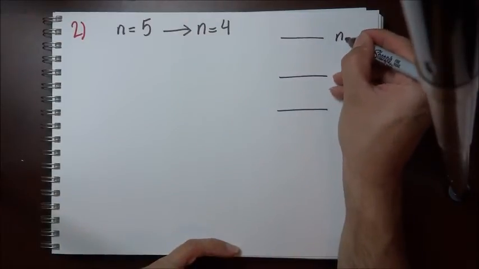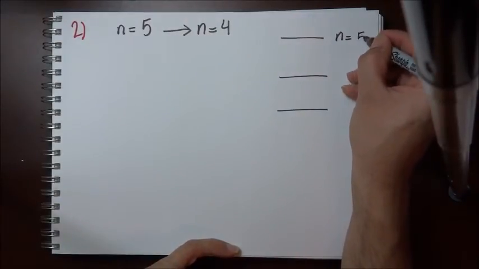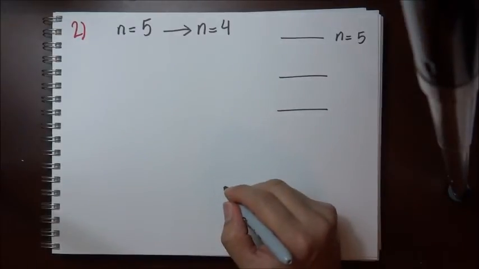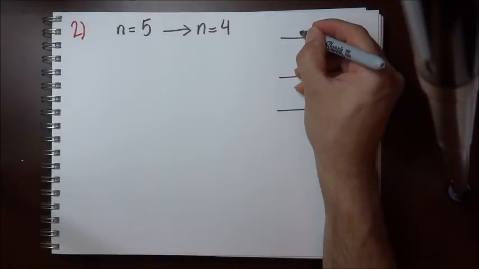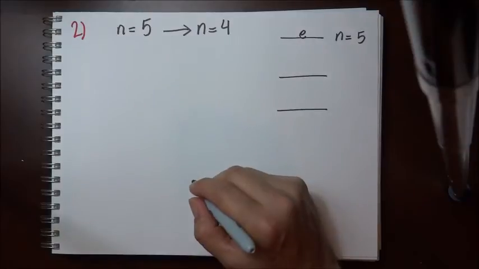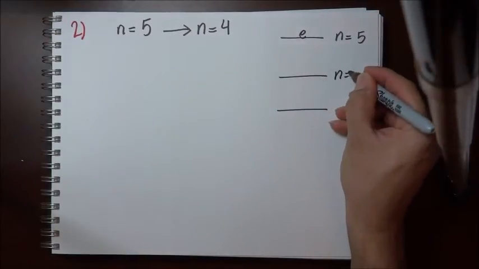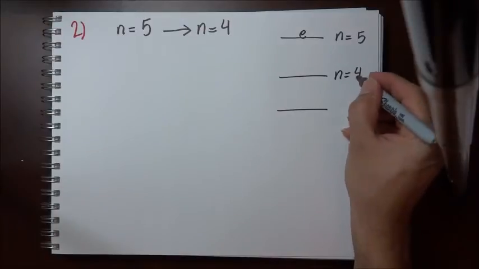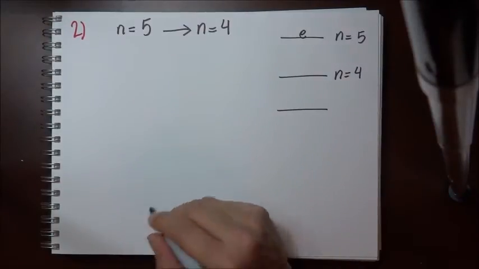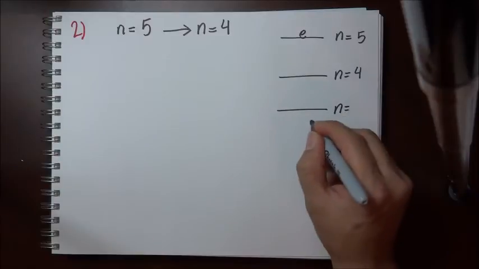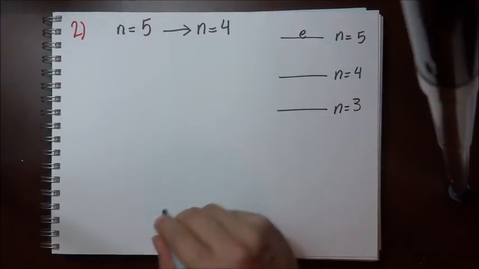If an electron is sitting inside n equal 5, that means it has higher energy than any electron that's sitting inside n equal 4, or anyone that is sitting inside n equal 3.